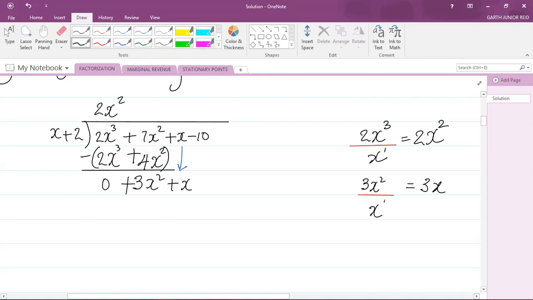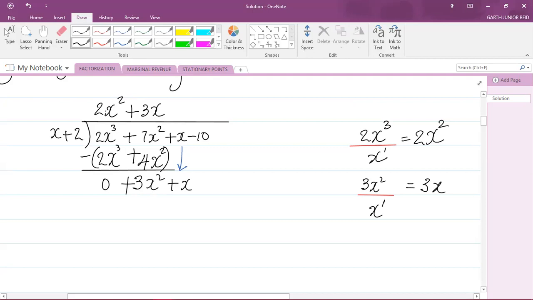This is x to the power of 1, so you subtract the power. So this is equal to 3x to the power of 2 minus 1, and 2 minus 1 we know is 1 as the power. But we don't really write the power 1. So that 3x there that I have obtained is going to be the second term in my quotient. So I have a positive 3x there.